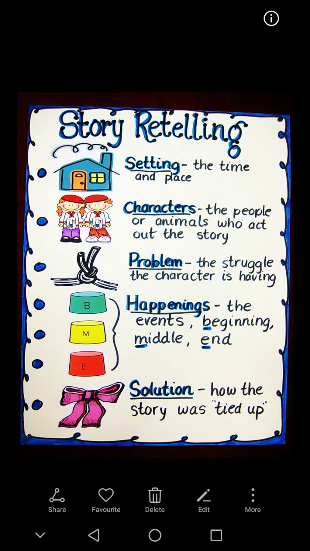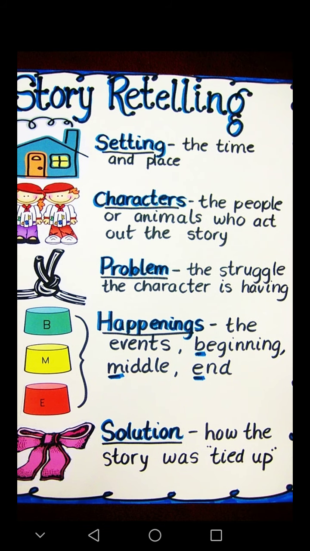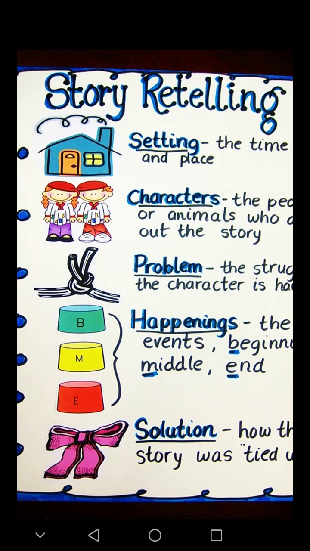Setting. Setting means what? Setting is the time and the place. The time of the story and the place that this story happened in. Number two, characters, the people or animals who act out the story. We all know the characters.